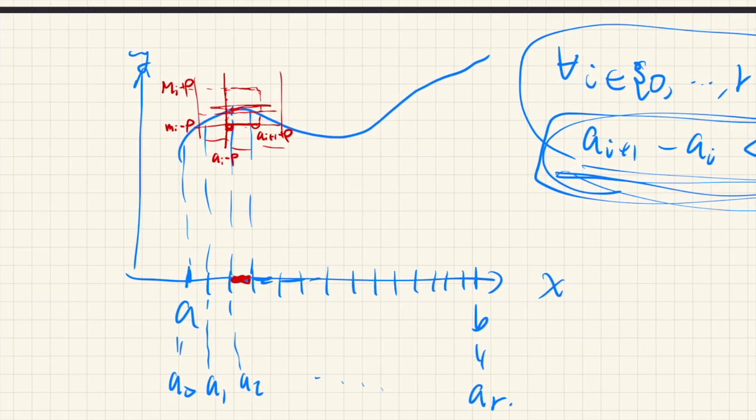For each of these intervals we define such rectangles; actually they are overlapping rectangles like this, and so on. That is, we cover this graph by a finite number of rectangles.